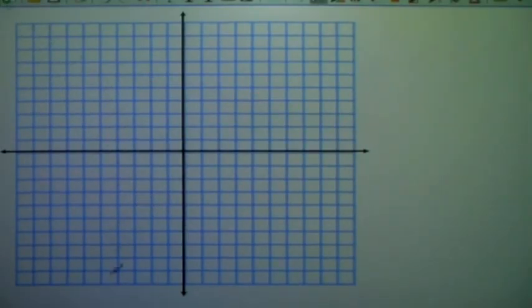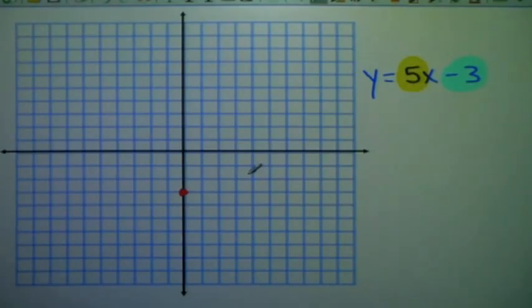Let's try one more. How about the equation y equals 5x minus 3? Again, we've got information. Slope is 5. Y-intercept is negative 3. So we'll begin with our negative 3. Again, this one is a negative y-intercept, so I want to go down here to negative 3 on my y-axis.